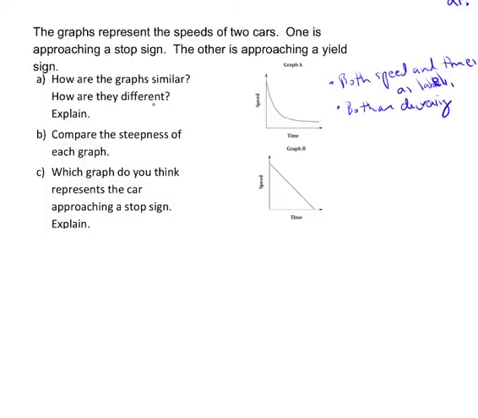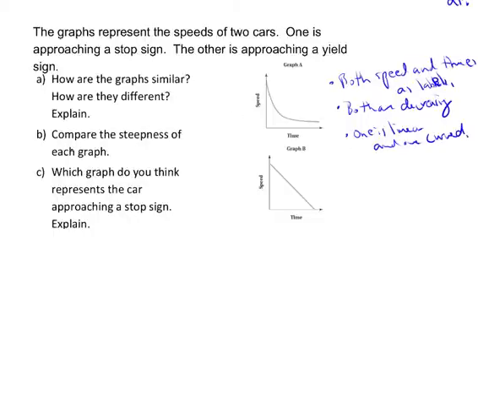How are they different? Well, as I explained, one is linear with a negative slope, and one is curved.